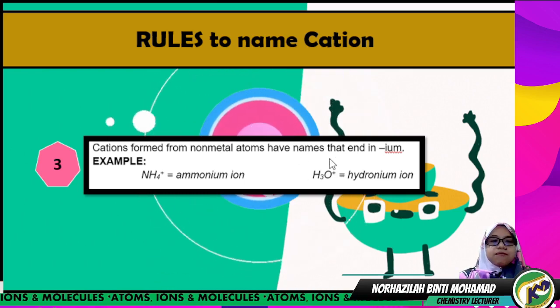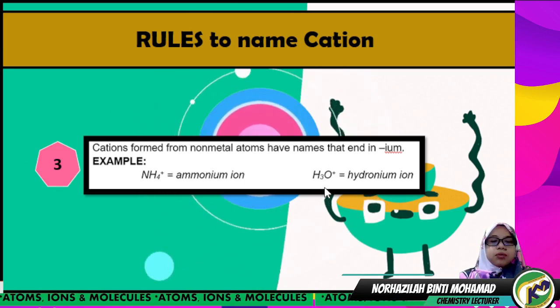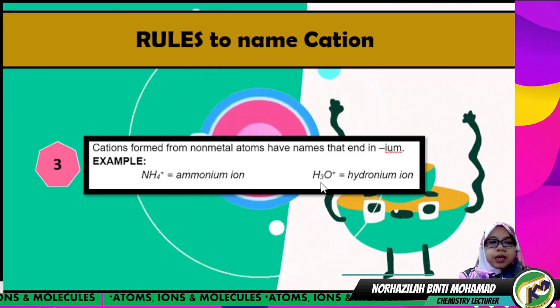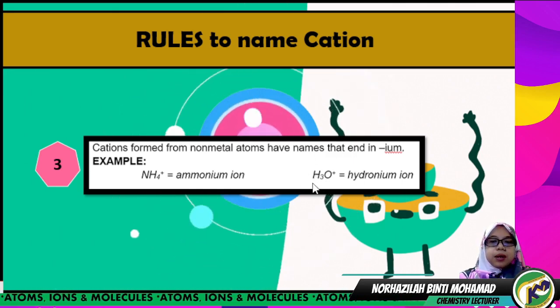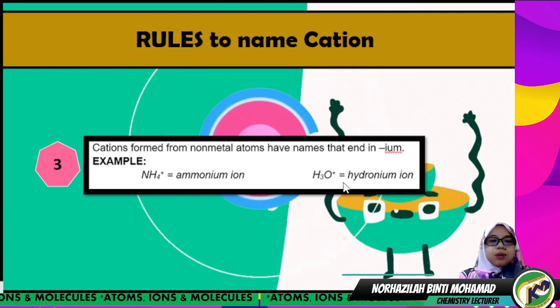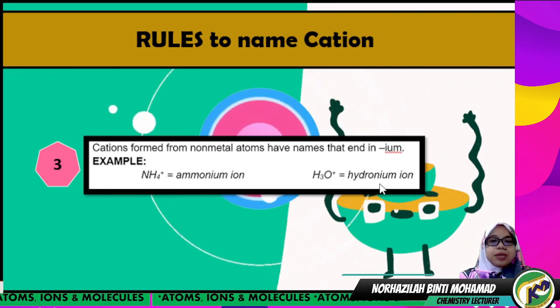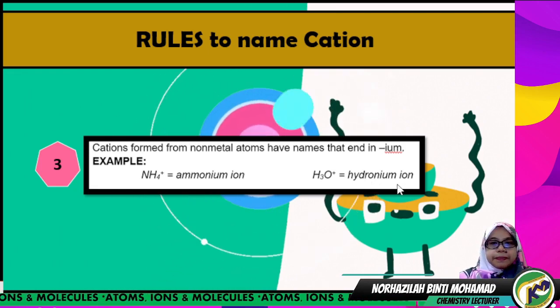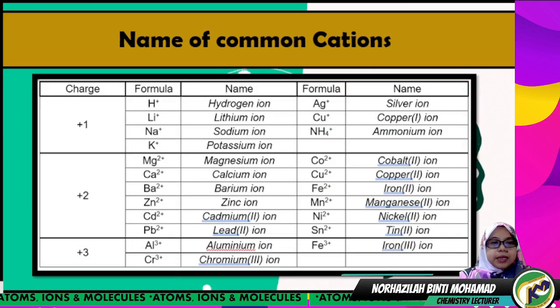This one comes from a molecule of water, H2O, which accepts another hydrogen and becomes H3O plus. This one we call hydronium ion. Okay, and this is the name of the common cations.